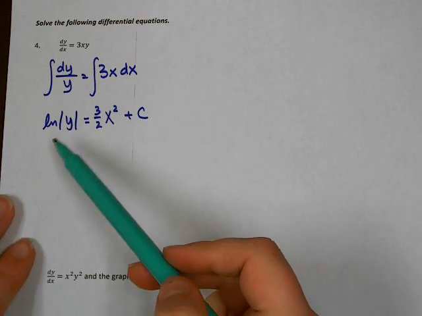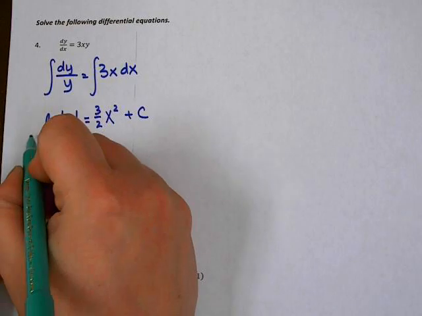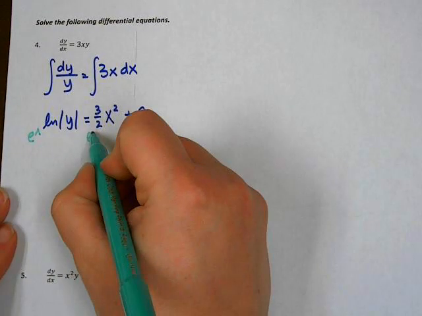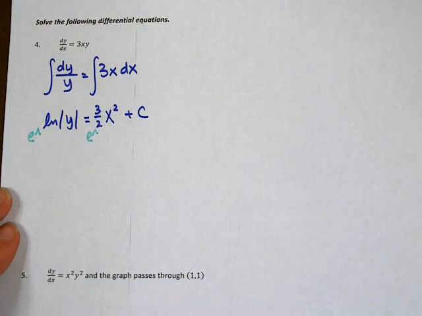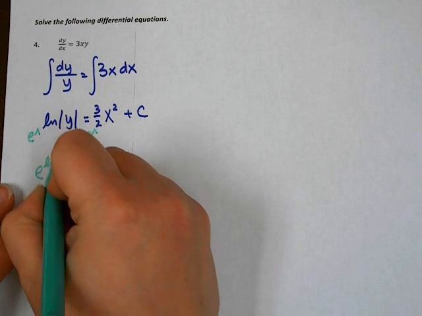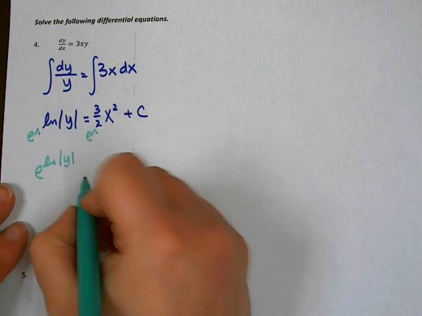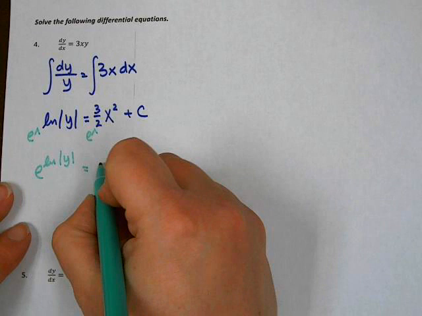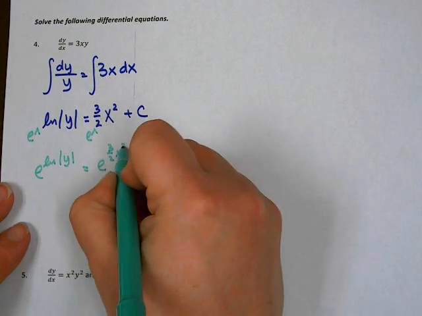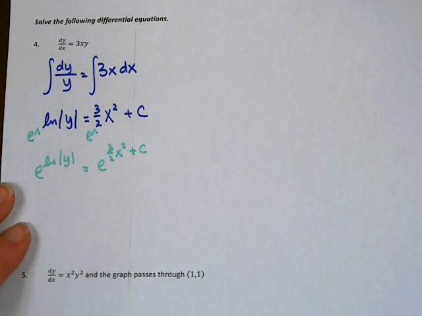The base on a natural log is e, which means I'm going to take an e and make that the base, and make both sides my new exponents. So this is really now e to the natural log of the absolute value of y, and that's going to equal e to the 3/2 x squared plus c. Okay?